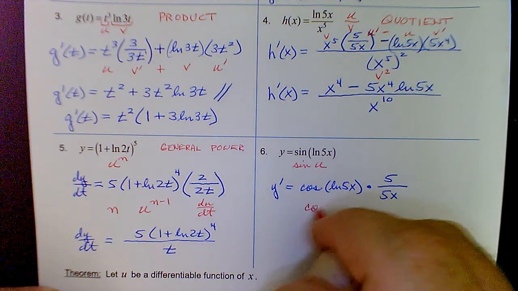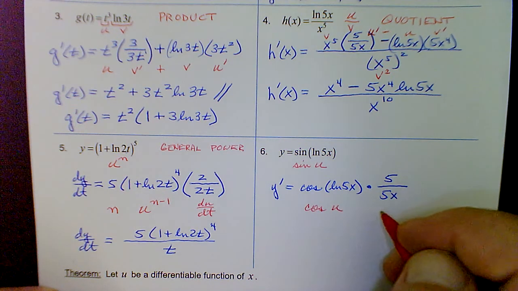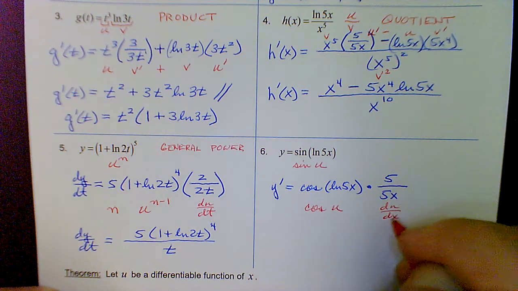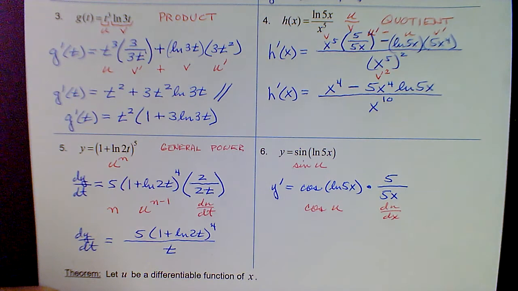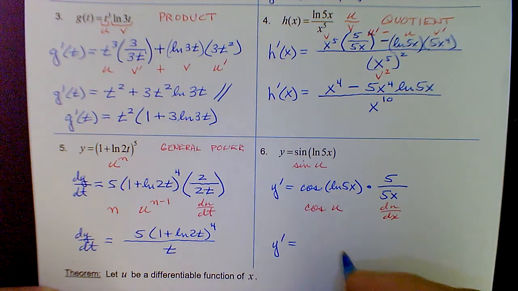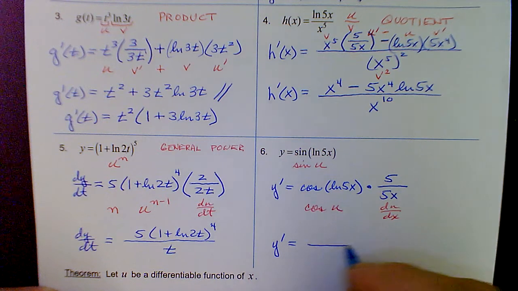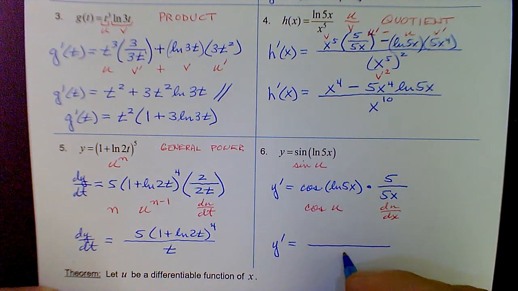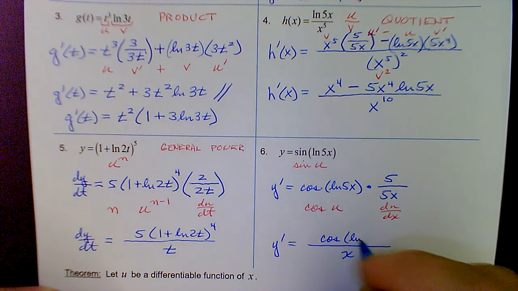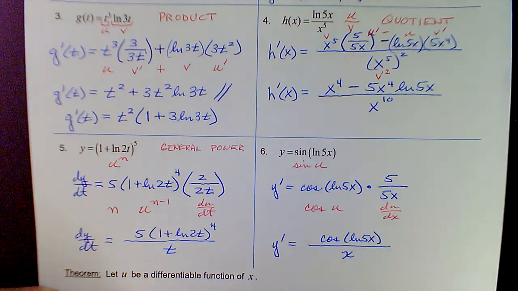So with regards to the basic formula for sine of u, its derivative is cosine u, and of course, by the chain rule, du/dx. So here, y prime is, okay, again, you could write it in a couple different ways. I'm going to choose to write it as a fraction, cancel off the 5's, x in the denominator, and cosine of the natural log of 5x in the numerator.